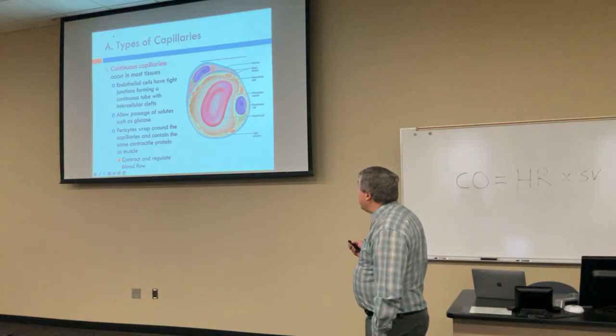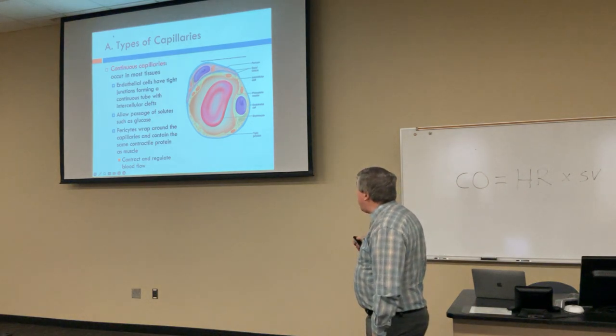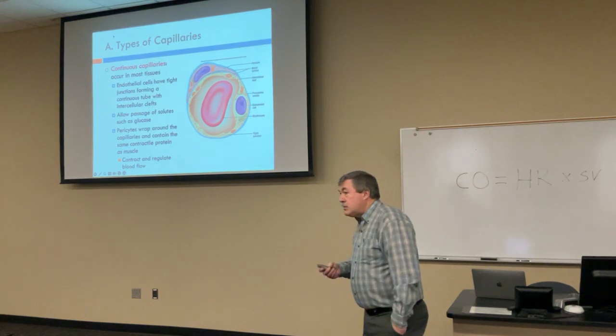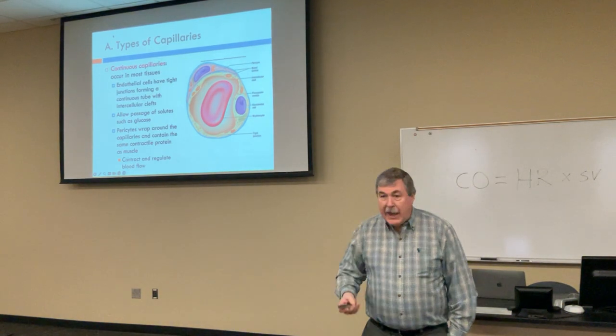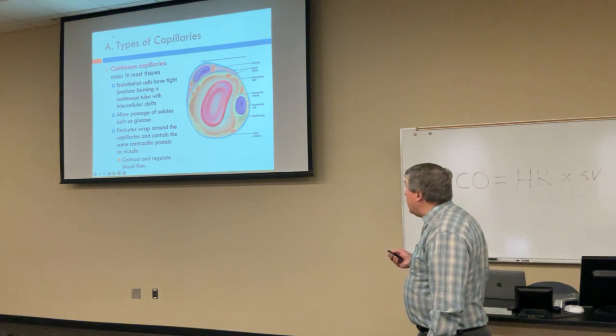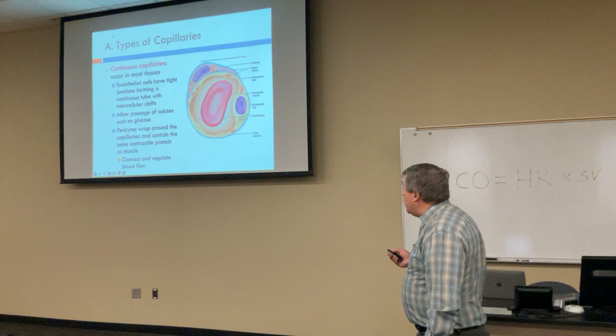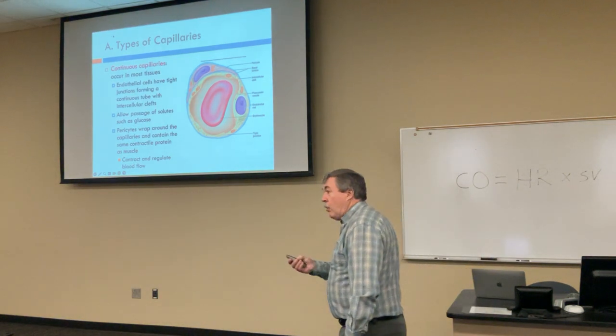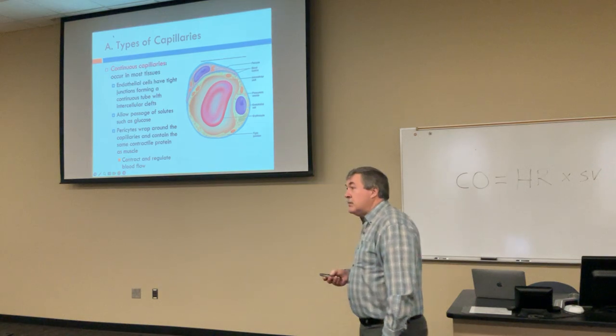So these types of capillaries do allow for exchange of solutes and gases because the walls are so thin, but they don't allow larger molecules or blood cells to pass very easily through their walls.